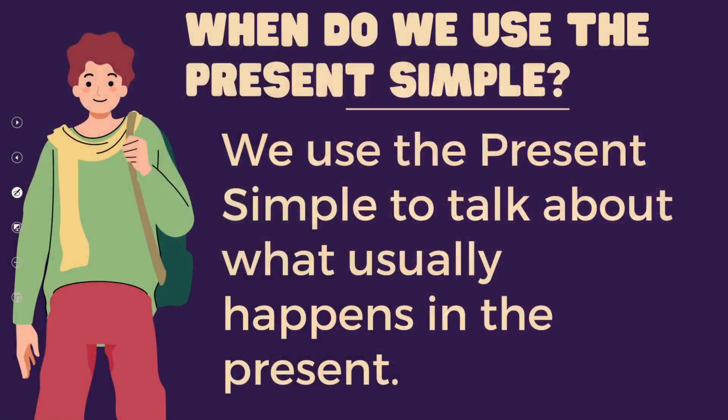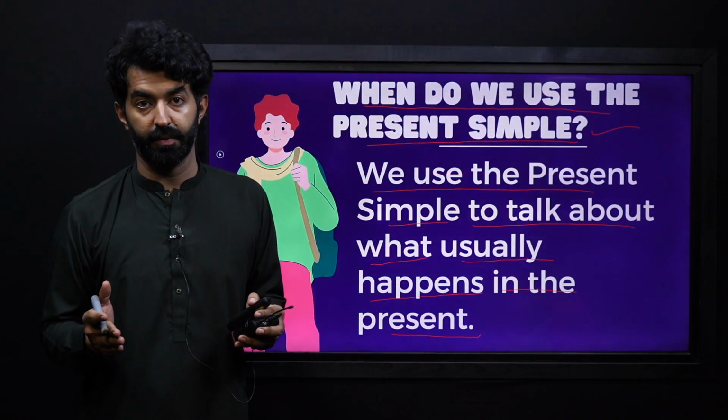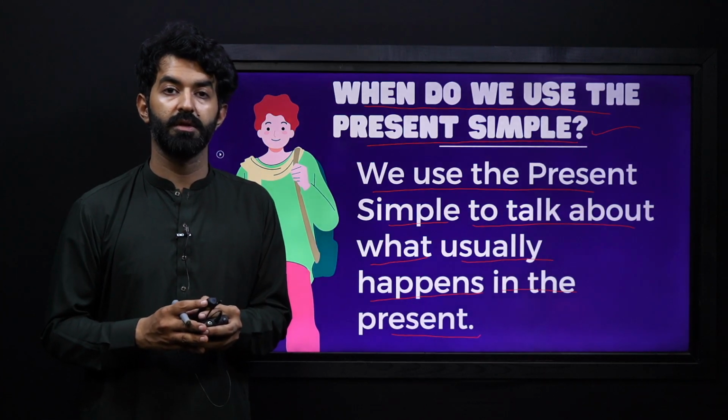So the question is, when do we use the present simple? We use the present simple to talk about what usually happens in the present. So whatever happens in the present right now, or it happens daily, you talk about it with present simple.